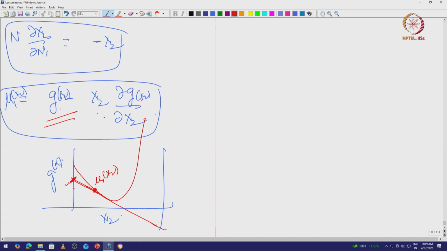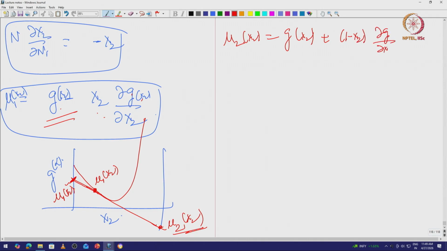Now this guy here, that is my mu1 at x2, and this guy here is my mu2 of x2. You can also do the same calculation for mu2, and mu2 will actually be g of x2 plus 1 minus x2 times dou g by dou x2. And then you are writing everything in terms of x2. So this will be mu2 of x2, this will be mu1 of x1.